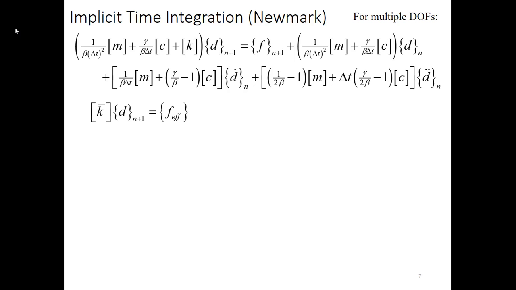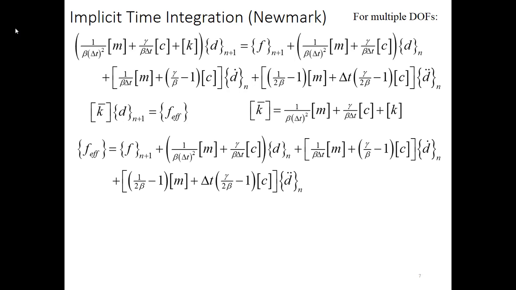What we're going to do is rewrite this in a form that looks more familiar from a static analysis. So I've got k bar times dn+1 equal to F effective. F effective is everything over on the right-hand side, and k bar is the left-hand side multiplier of dn+1.